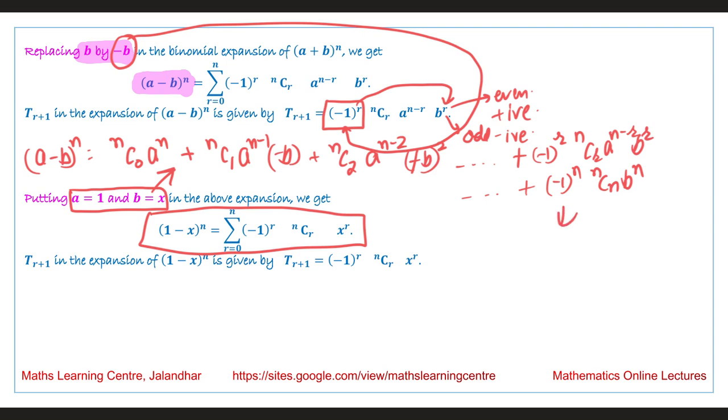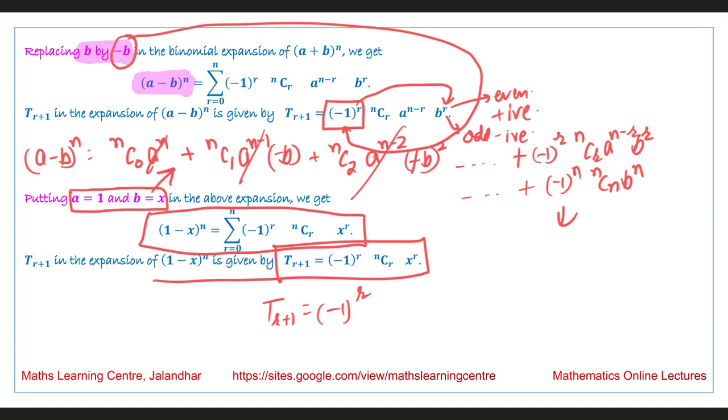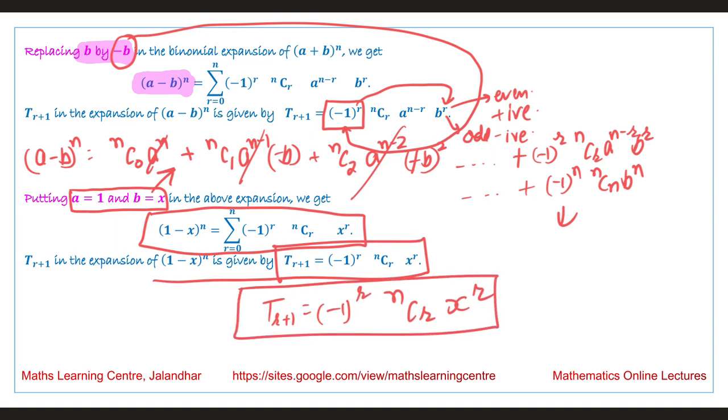If we have substituted a is equal to 1, all these a's will become equal to 1, and we obtain the expansion in this form. This is the general term: T r plus 1 is equal to (minus 1) raised to the power r nCr x raised to the power r. This is the general term we obtain in this particular case.